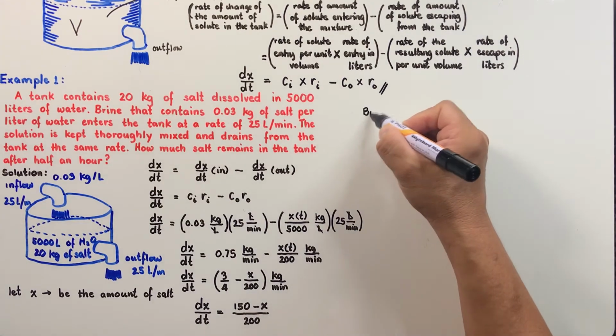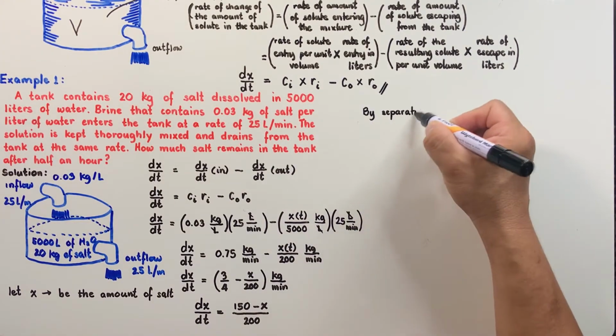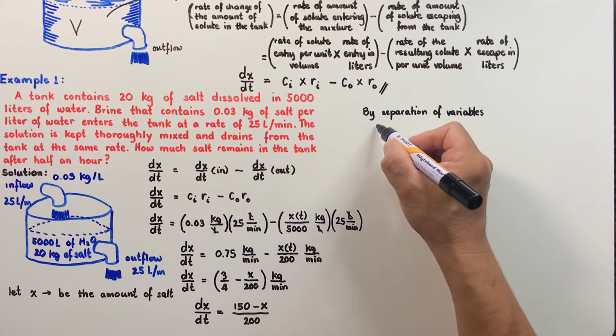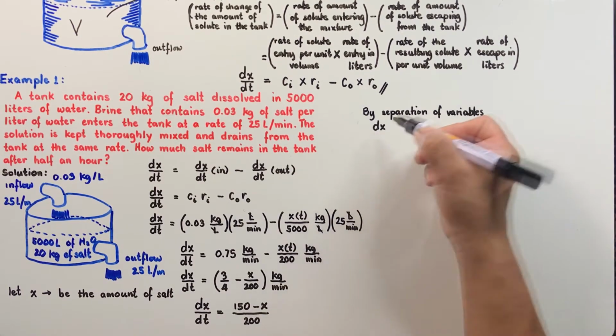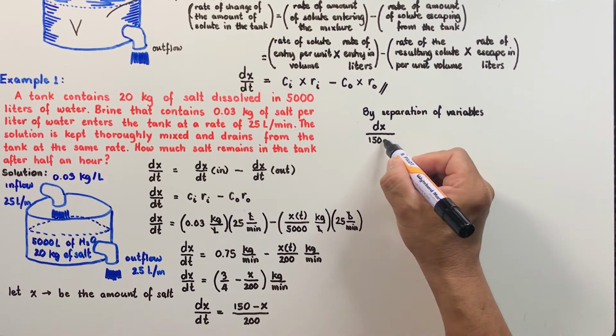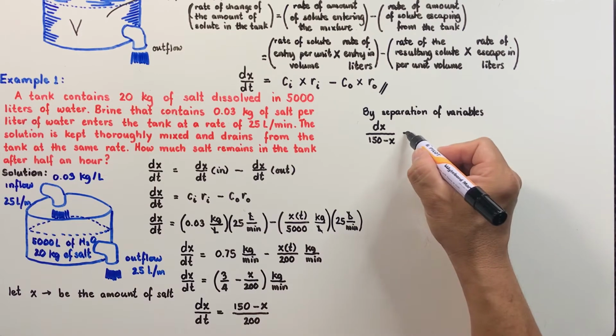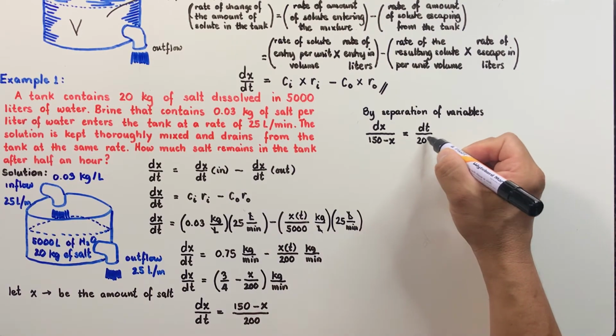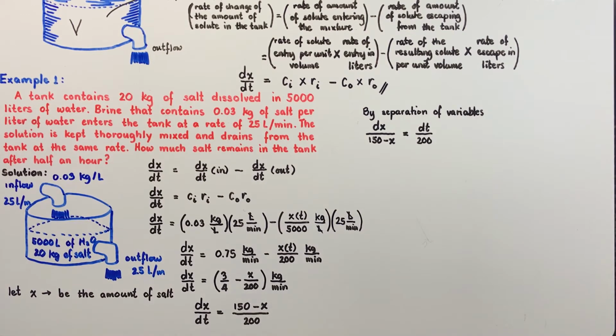So by separation of variables, we can write dx over 150 minus x, which is equal to dt over 200. And this can be done by exchanging these quantities here. And that is simply algebra.